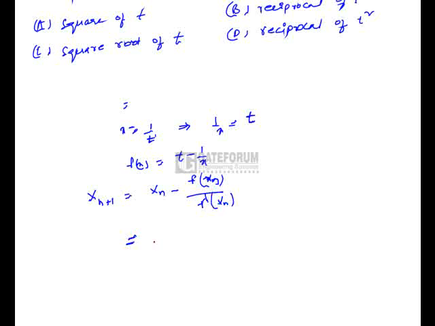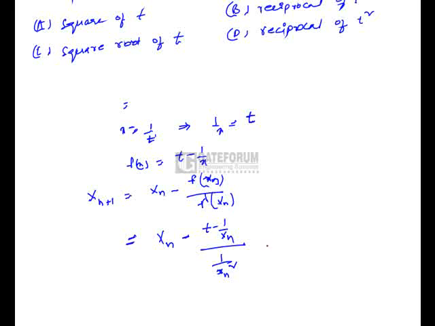So if you substitute this, f of xn is t minus 1 by xn, and f dash of xn is minus of minus 1 by xn square, plus 1 by xn square.